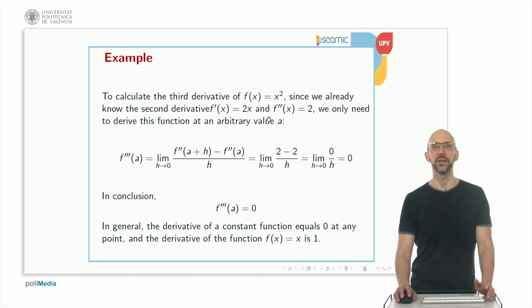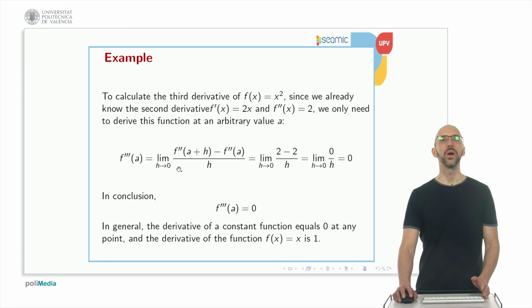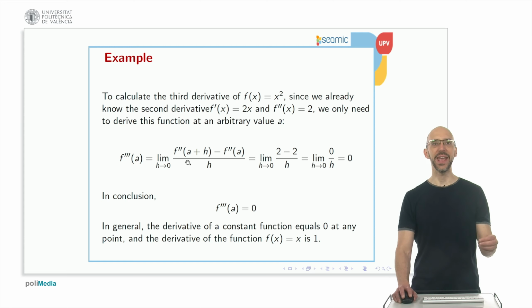The second derivative is 2 all the time. So what is the value of the second derivative of a plus h? At any point, the function is constant, so the value is 2. What is the second derivative at the point a? I don't even care what is the value of a, because the function is 2 all the time. So I just write here 2.